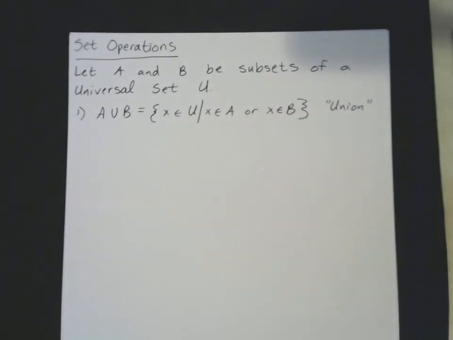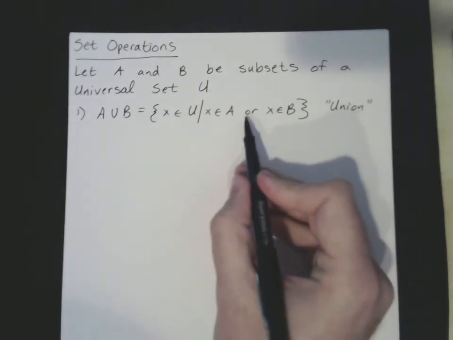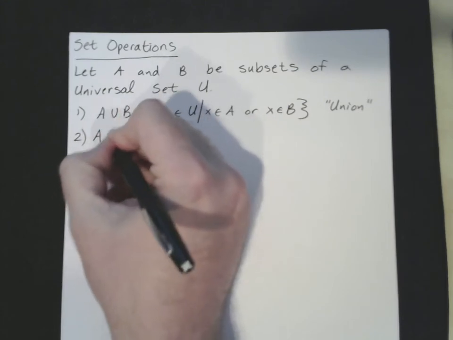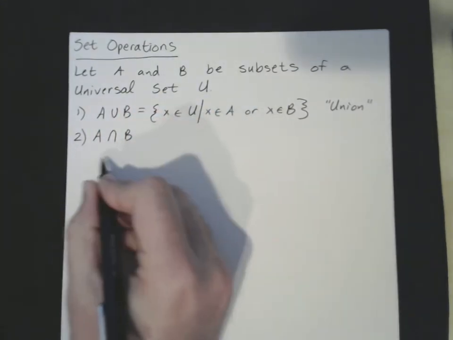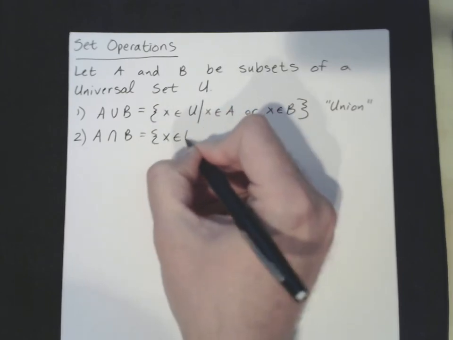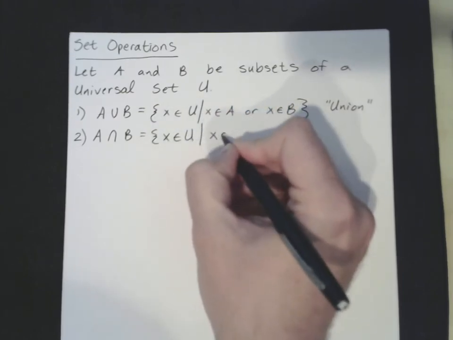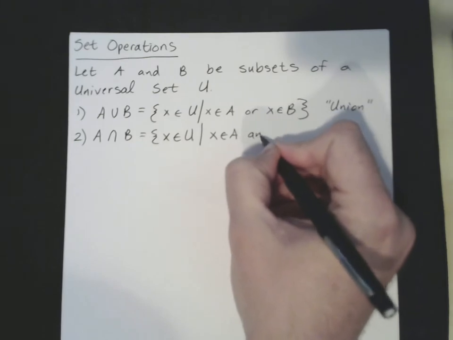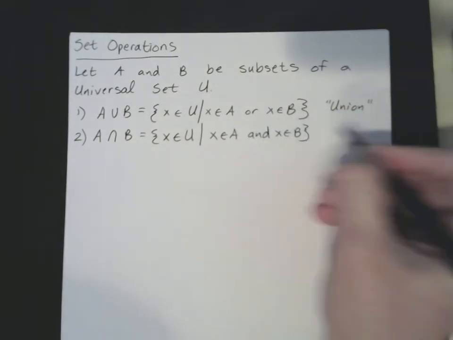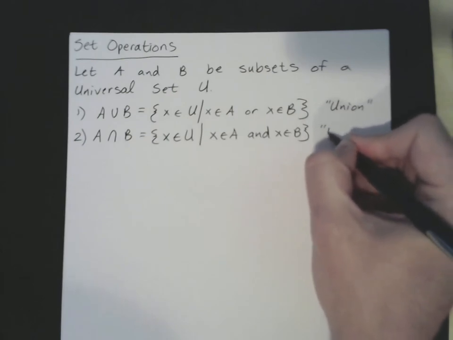Union, remember, is the disjunction of sets because it's an OR. Then we have the intersection, A intersect B. This is the set of x's that are in U such that x is in A and x is in B. As I said, this is the intersection.